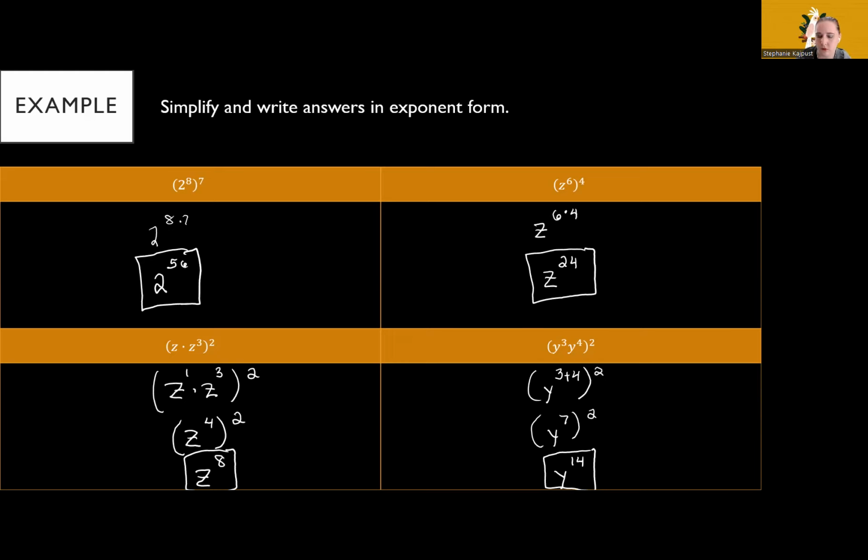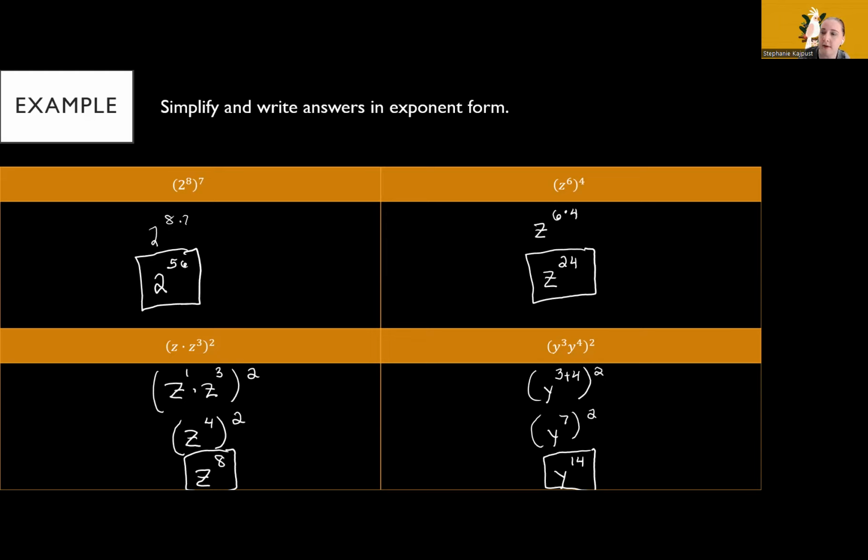Okay. Just as a side note, I mentioned that it's kind of like you're distributing the exponent. Notice that I wrote y and then 3 plus 4. If I had multiplied the 3 by 2 and then the 4 by 2, kind of distributing that outside exponent onto the inside, you would get 6 plus 8. When you actually did that multiplication, that also gives you 14.